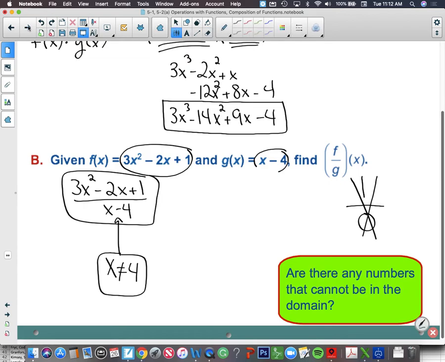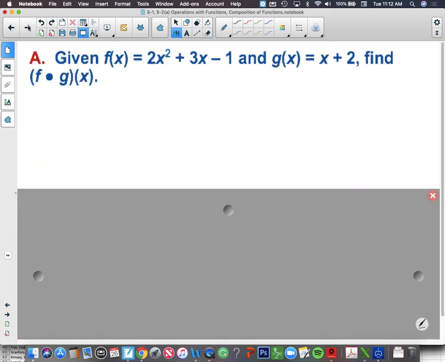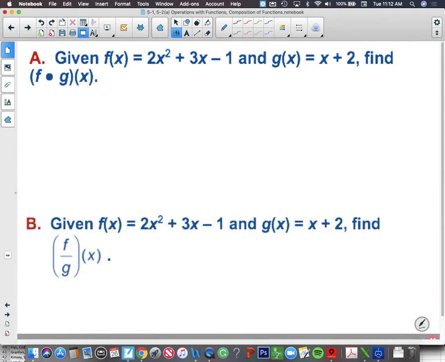Okay, let's try a couple on our own. Given that function, f of x and g of x, find f times g of x. I'll just slide this down. We'll do both of them at once. Please pause the video, have students work through these two examples, and then resume so they can see the solution. For f times g of x, we have 2x squared plus 3x minus 1 times the quantity x plus 2.